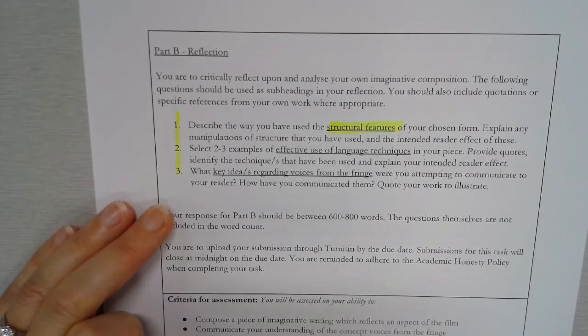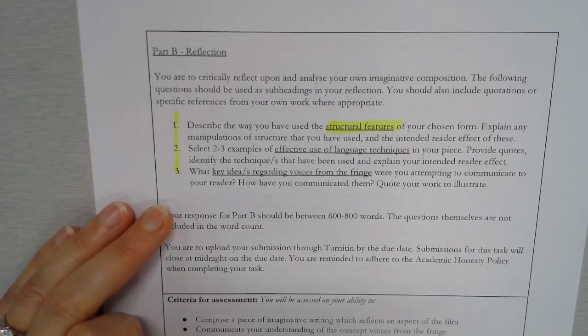So thinking about how perhaps you've manipulated that traditional narrative structure. Perhaps you might start your piece at the end of your story where the character has ended up, and then backtrack and actually explore how they have developed their current sense of self or voice due to those experiences that they've encountered.